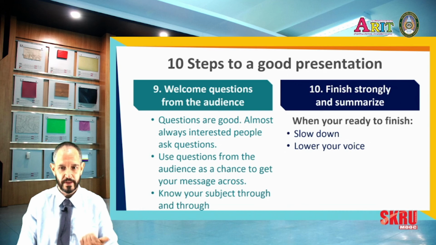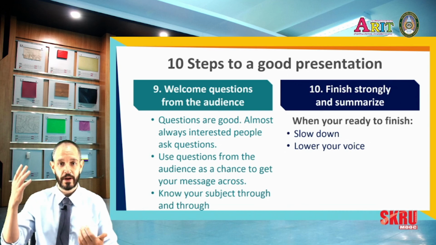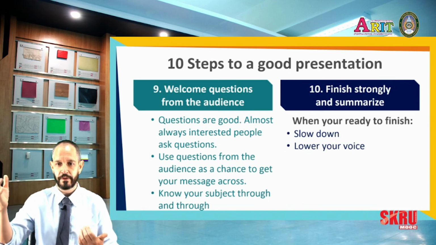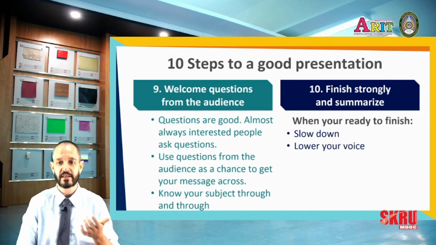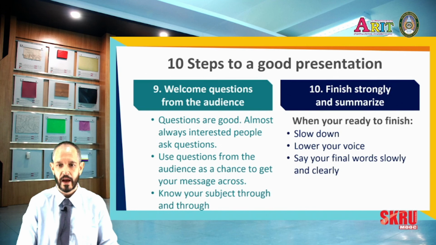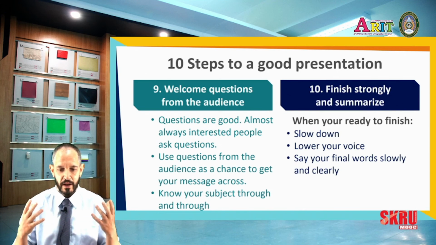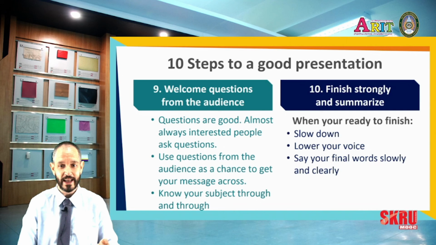Lower your voice. So you can be talking up here, but then to finish, you want to slow down and lower your voice. Again, indicating you're going to say something important. Say your final words slowly and clearly, so that everyone understands exactly what you're saying.